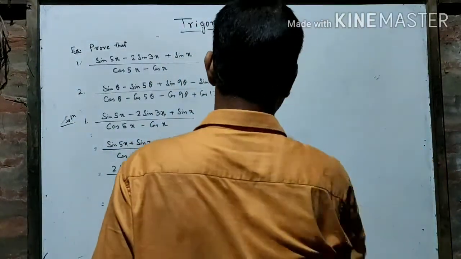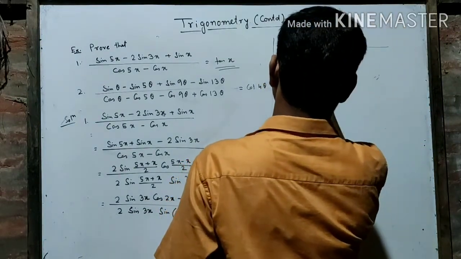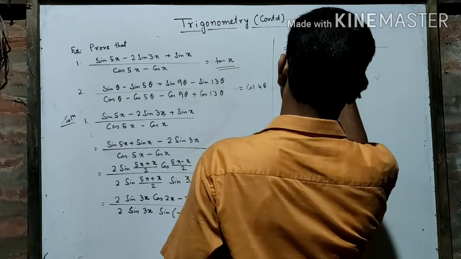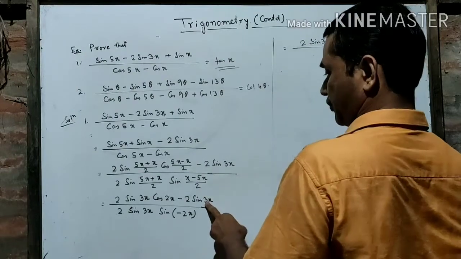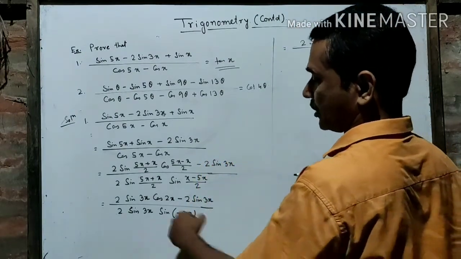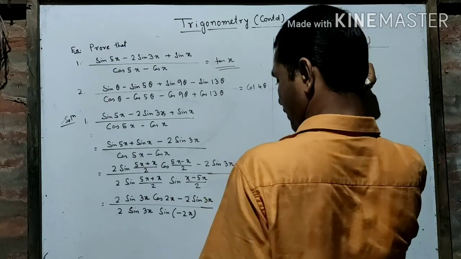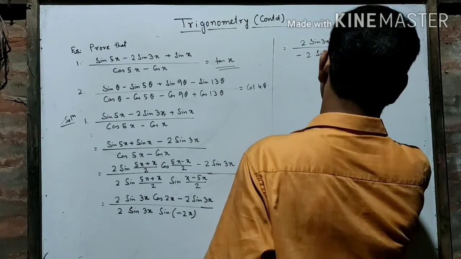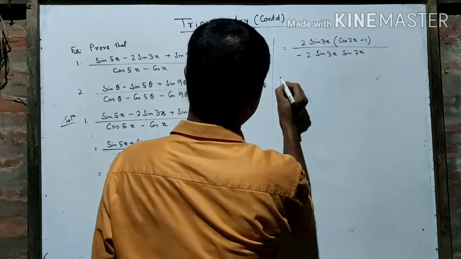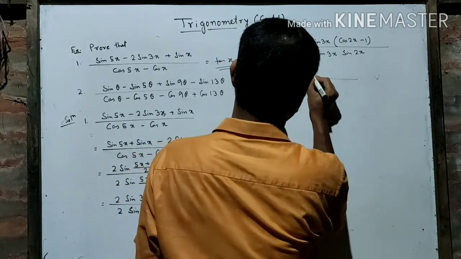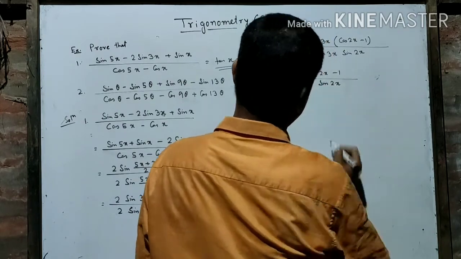Let us continue here. 2 sin 3x may be taken common in the numerator. So from the numerator we take common 2 sin 3x. Within the bracket there is left cos 2x minus 1. And sin of minus theta is equal to minus sin theta, so this will be minus 2 sin 3x into sin 2x. Okay, is it visible to you? Sin 3x, 2 are cancelled, and here we are left with cos 2x minus 1 divided by minus sin 2x.